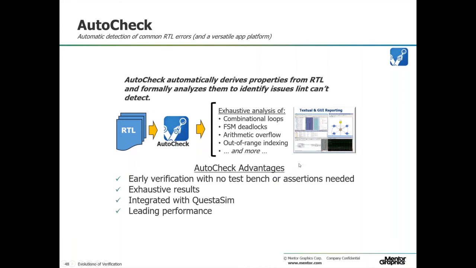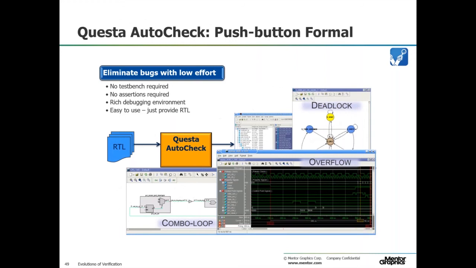So you don't need a test bench. You can run this at block level as soon as possible, and it's really about finding structural issues with your RTL code. So no test benches. You don't need to write any assertions. You basically just take your RTL code, run it through, and it comes back. If you have structural issues, it'll create a schematic. If you have state machine type issues, it'll create a state machine.